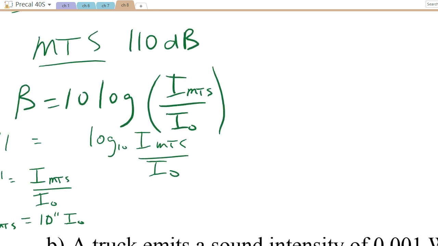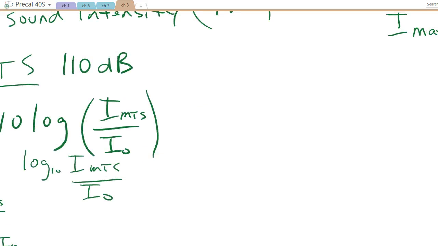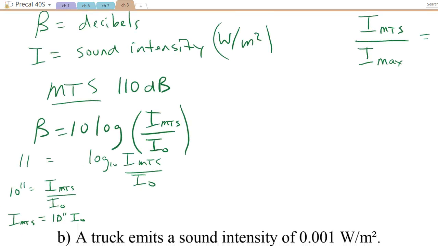Okay, I think I need to do a different color here, so I'll go blue, and now instead of MTS, we'll do the second one, which is the maximum recommended. So now we'll do the 85 decibel version. Again, beta is equal to 10 times the log.